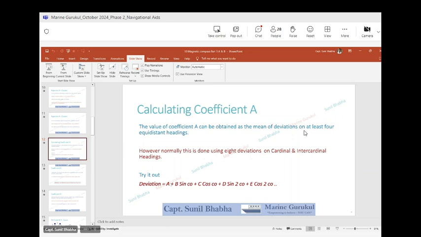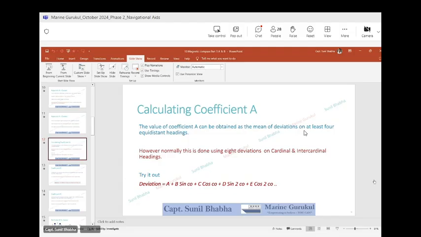Sir, I have one question. Go ahead, beta. Sometimes yearly when we are swinging the ship on board and calculating deviations, we are basically getting the coefficient A. We are making a deviation part on board. It's basically coefficient A, or what is it?